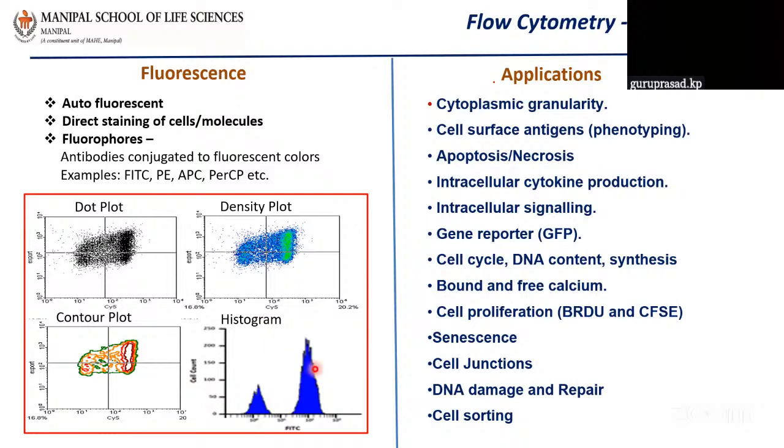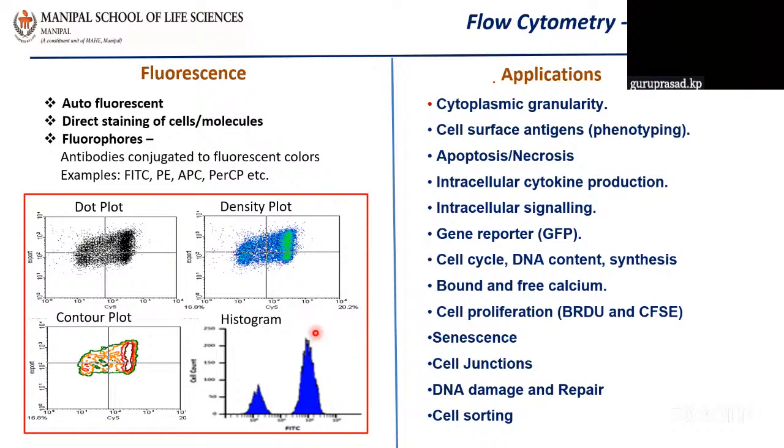So these are the plots. Generally, the dot plot and the histogram are used in the flow cytometer for analysis. If the dots are present in the low x-axis, low y-axis, we can consider that their expression is low for x and y. And if they are present in the high region, similar to a mathematical graph, you can see they are high in this.